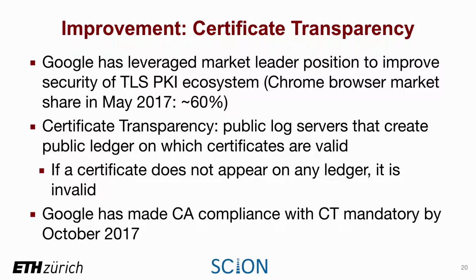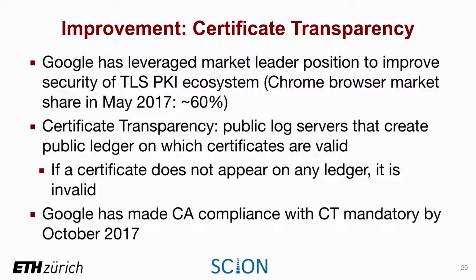Fortunately, an improvement has come with certificate transparency. Google has suggested certificate transparency and has also leveraged its market leader position to improve the security of the TLS PKI ecosystem. Chrome has currently a browser market share of about 60%. With this base, Google was able to push certificate transparency in a way that current CAs become compliant with the system.